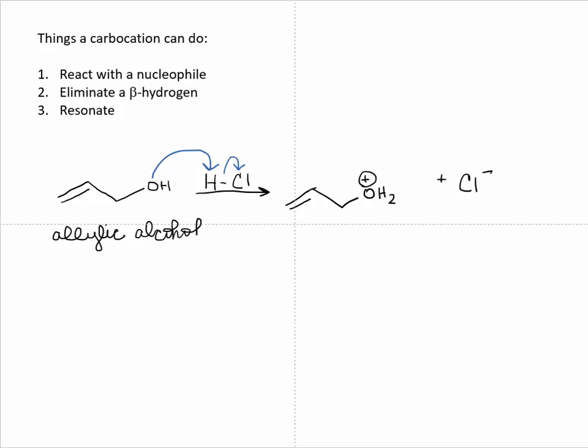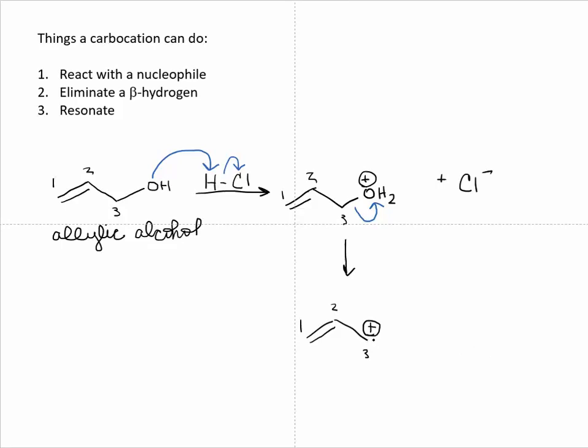In this case, because it is allylic, the leaving group will simply leave to form the particularly stabilized allylic carbocation. Right here, I'm going to number these as we go. We have the carbocation on carbon number 3 and the double bond across carbons 1 and 2.